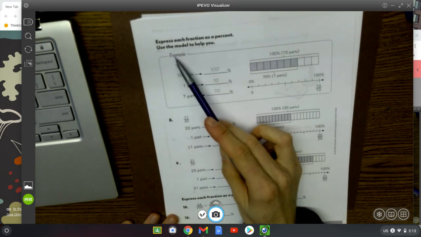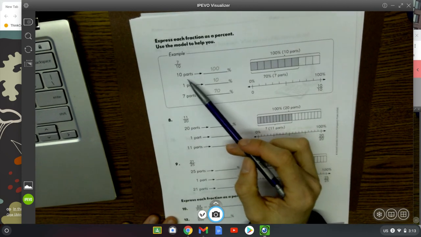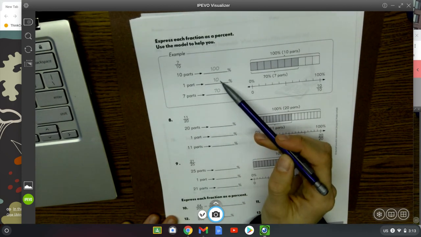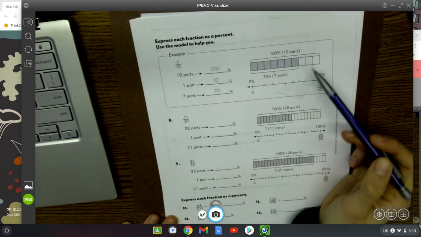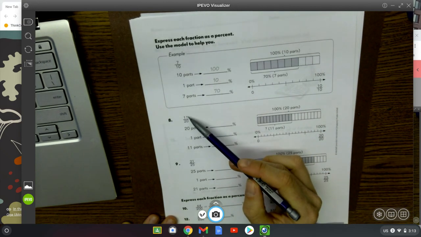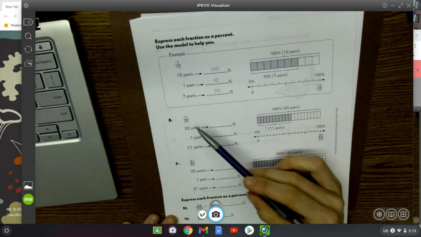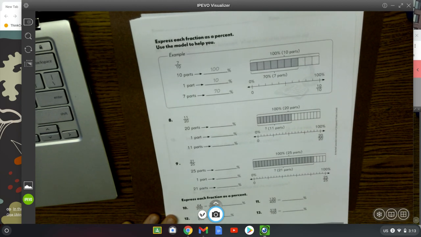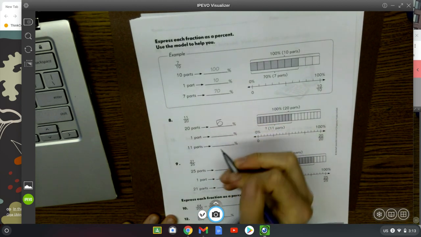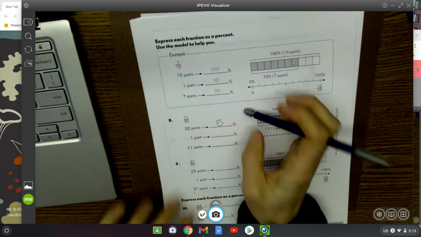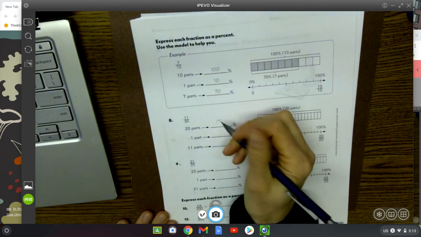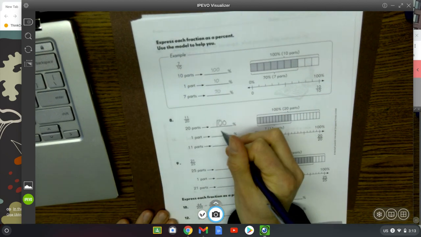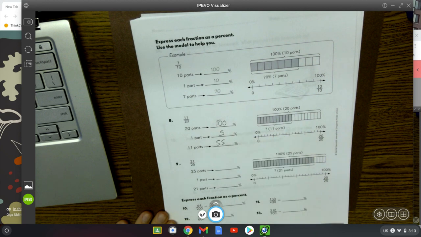All right. Express each fraction as a percent. Use the model to help you. So 7/10, 10 parts is 100%. 1 part is 10%. 7 parts is 70%. So if we have 20 parts, each part is 5%. Oh, wait, 20 parts is 100%. 1 part is 5%. 11 parts is 55%.